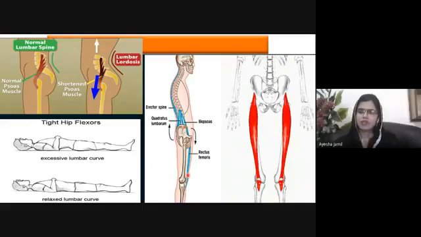As the muscle is already tight and an attempt to extend the knee is made, which is the concentric action of this muscle, it will cause the anterior pelvic tilt and move the pelvis anteriorly.